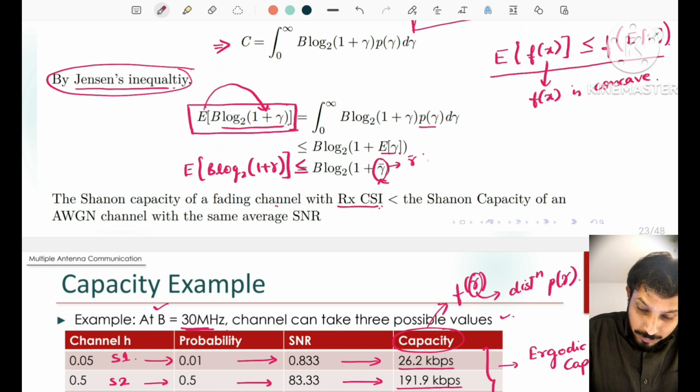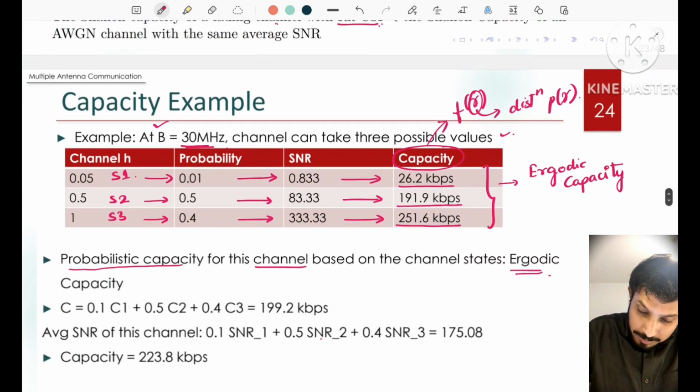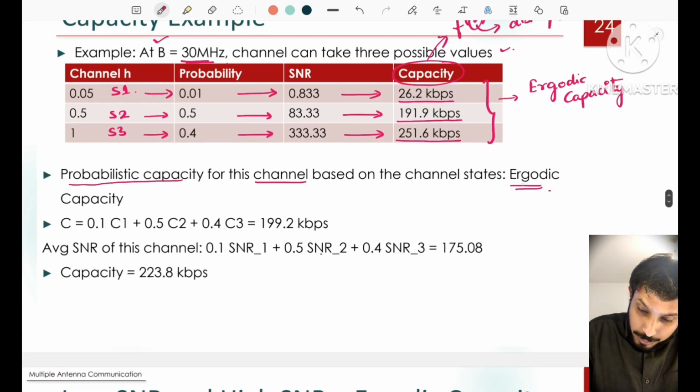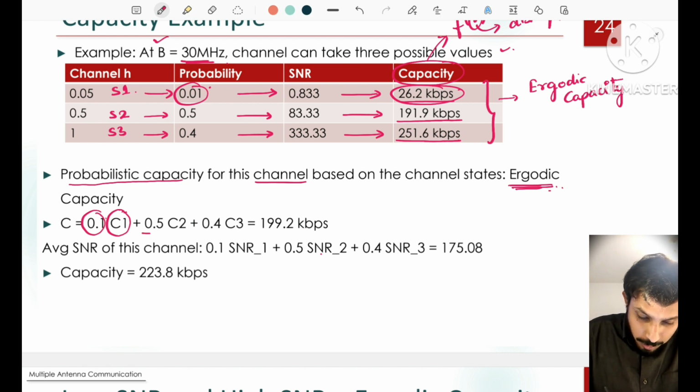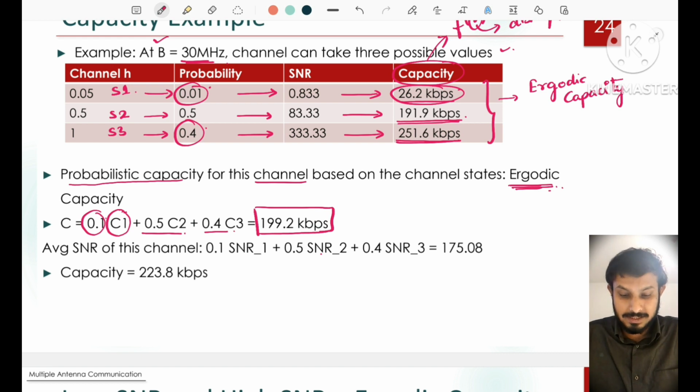And this can also be verified from the same example. If we try to compute the ergodic capacity, what we have is the probability multiplied by the capacity. So this capacity is achieved for this probability. Then we have 0.5 times the capacity 191.9, and we have 0.4 times the 251.6, and we can achieve an ergodic capacity of 199.2 kbps.